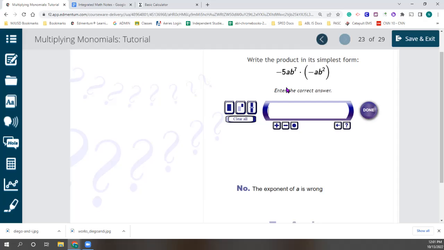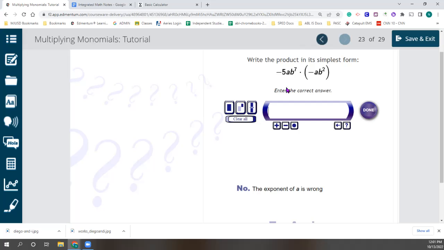Negative 5 multiplied by negative 1. So negative 5 multiplied by negative 1 should be a positive 5. Okay. And then multiplied by AB, since they're the same, we should be able to leave them together.